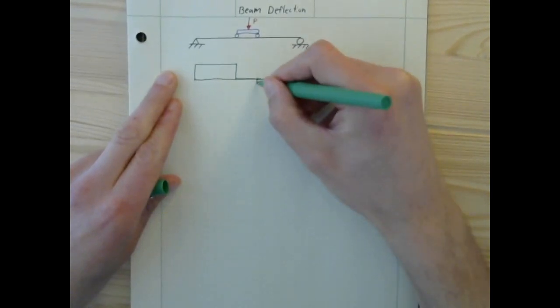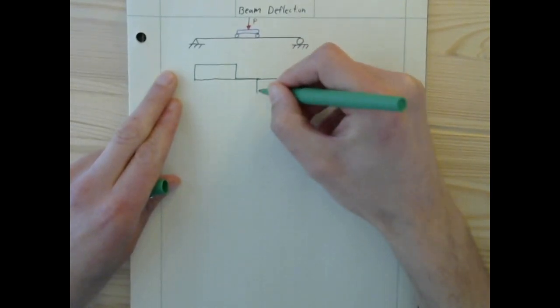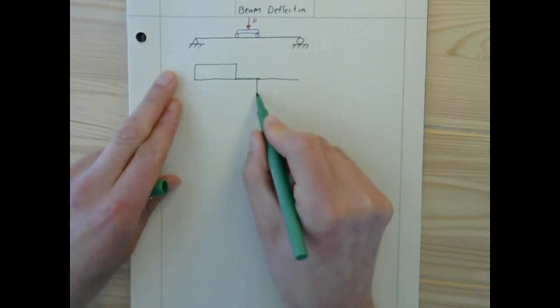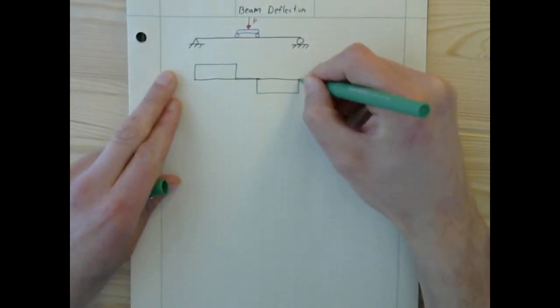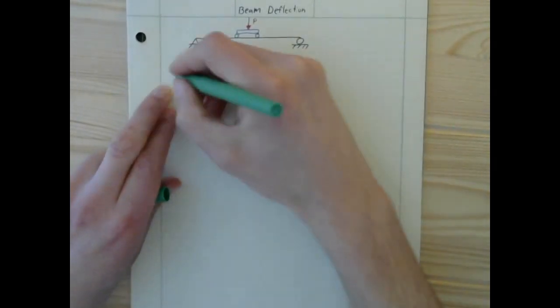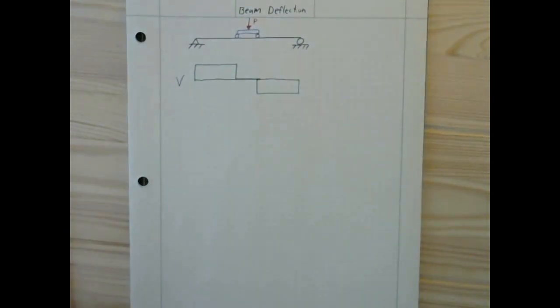I overshot there, sorry about that. Down to here, over here, and then back up to 0 where the other 1/2 P is applied as a reaction.